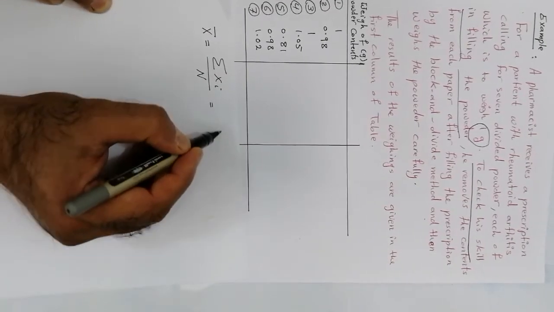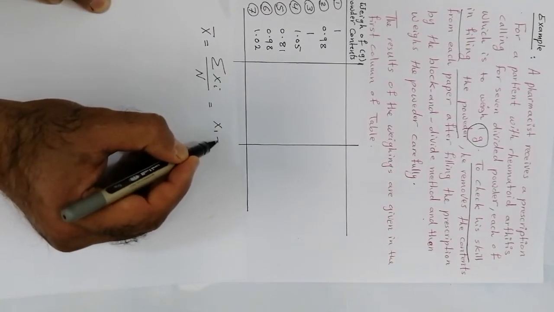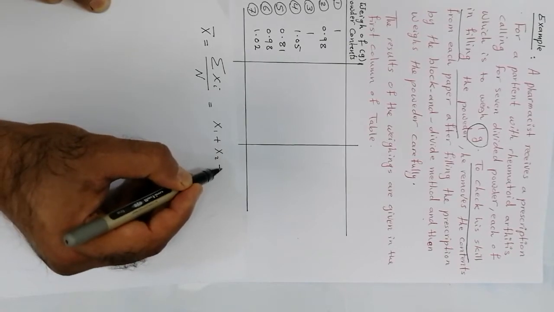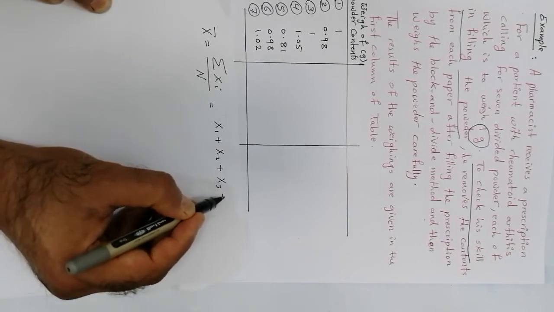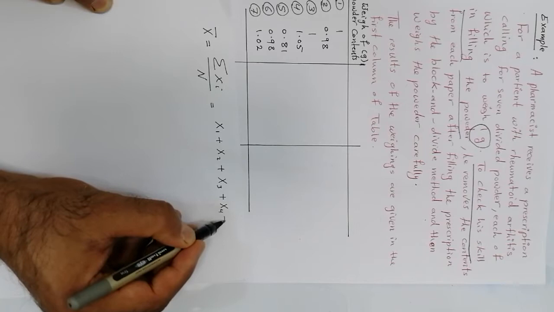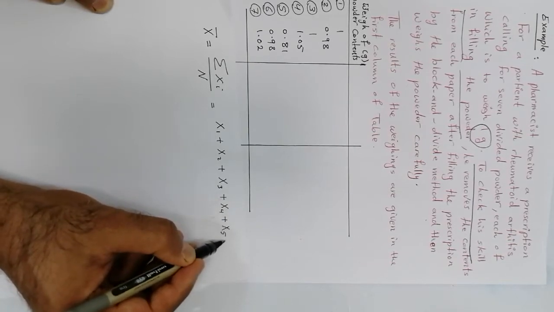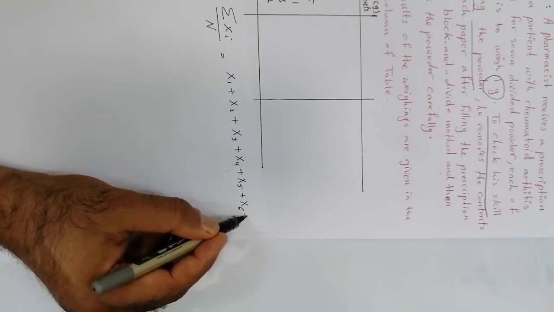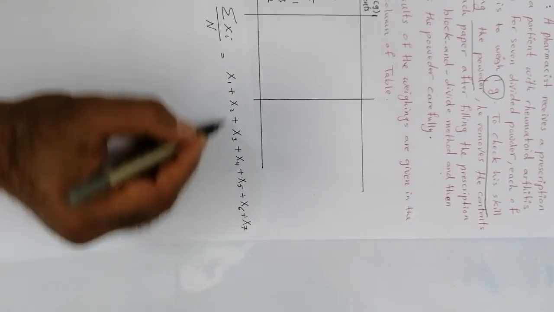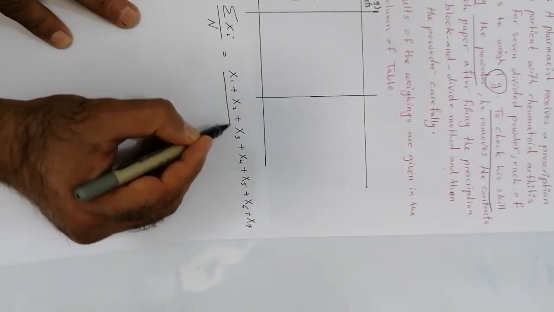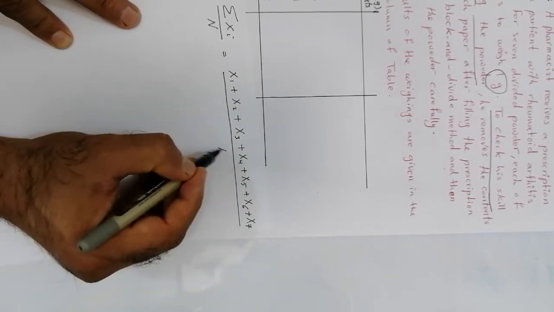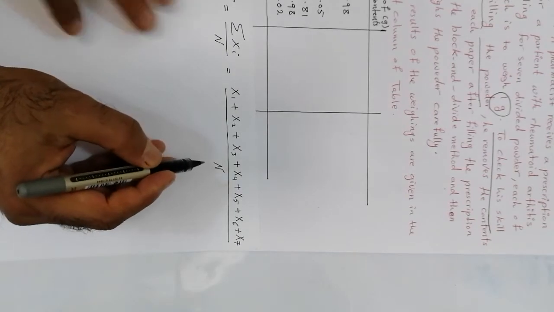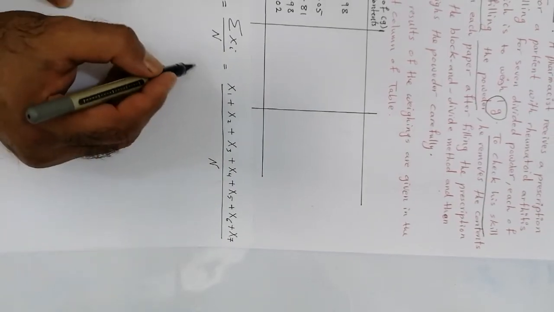Therefore, summation is x1 plus x2 plus x3 plus x4 plus x5 plus x6 plus x7 over n. n is the population number.